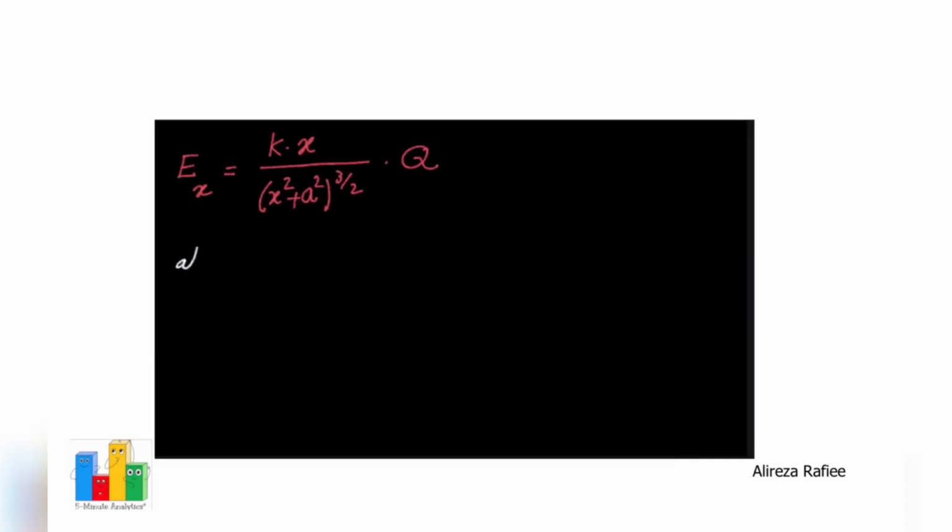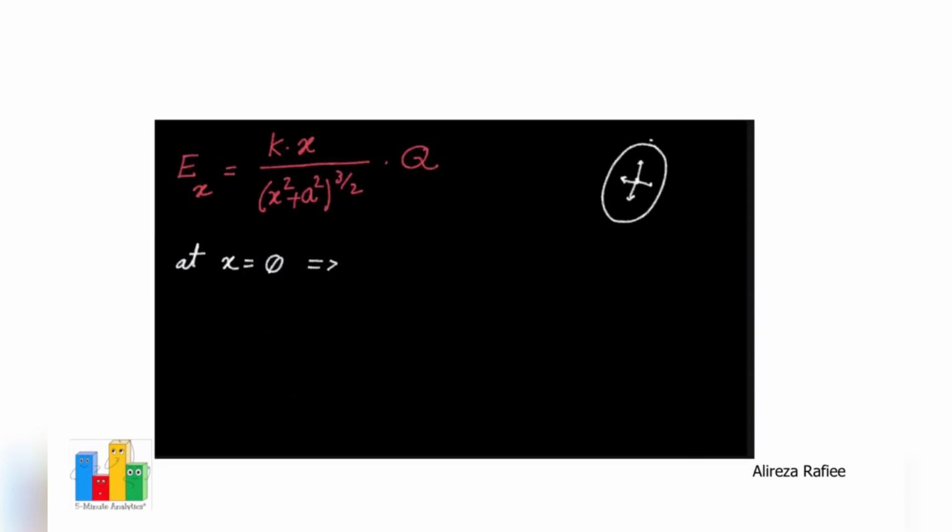Now, there are two special situations where you can test this result. For example, exactly at x equal to 0, when you are right in the middle of the ring. We know that for every one of them, there will be an electric field, and these electric fields will cancel out. And so we know that the electric field at the center of the ring should be 0. Now let's try it.